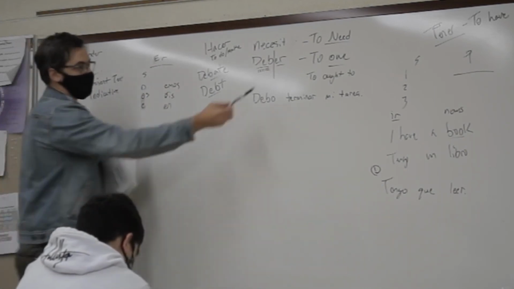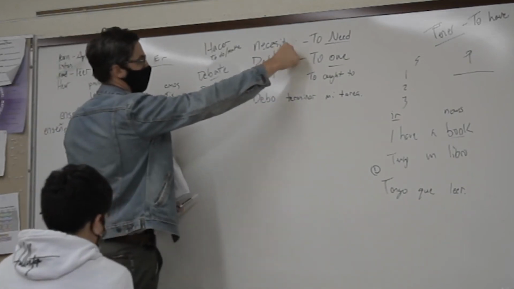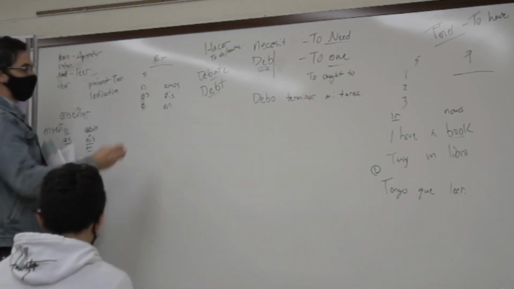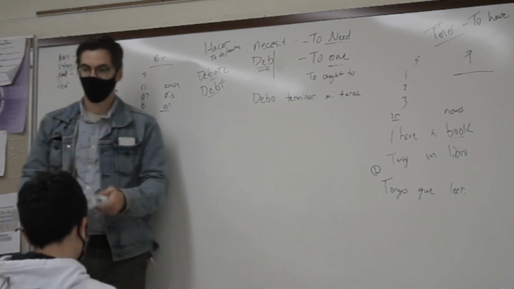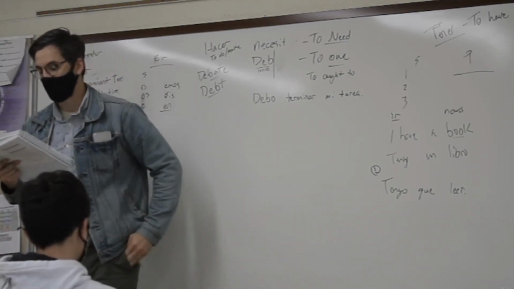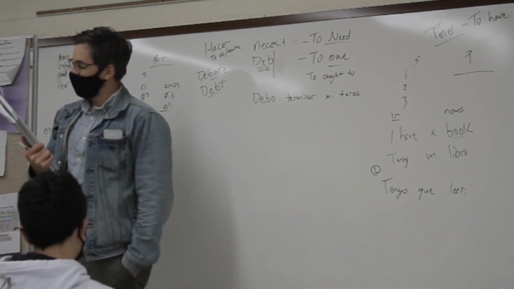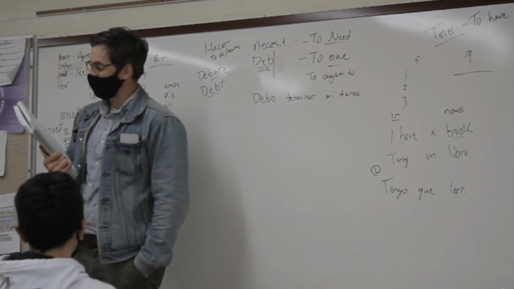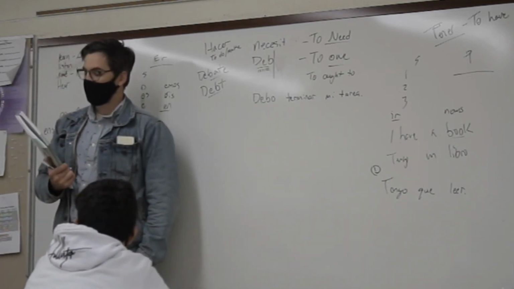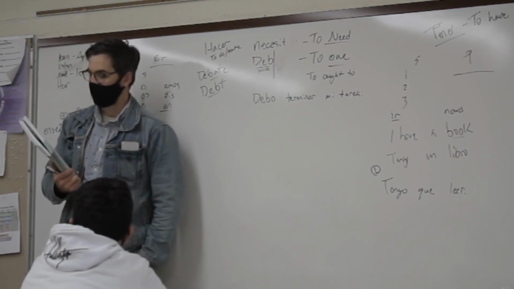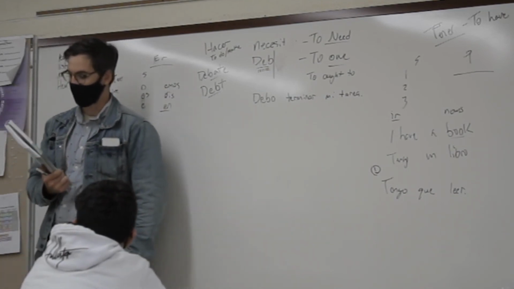Deber is an ER verb. So we drop the ER and add the ending for the plural, which is deben, right there. So that's what it says. Los chicos deben regresar a casa. The boys ought to return to the house antes de las nueve. Before 9.